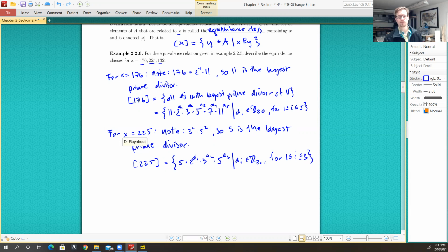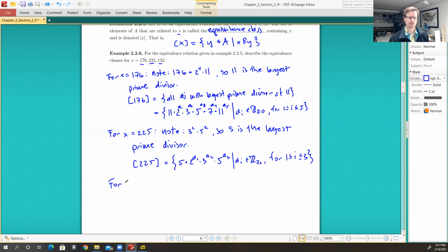So the equivalence class containing 176 is all numbers with these prime factors. The equivalence class containing 225 is the class containing all numbers that can be written, in their prime factorization, as having a largest prime divisor of 5.